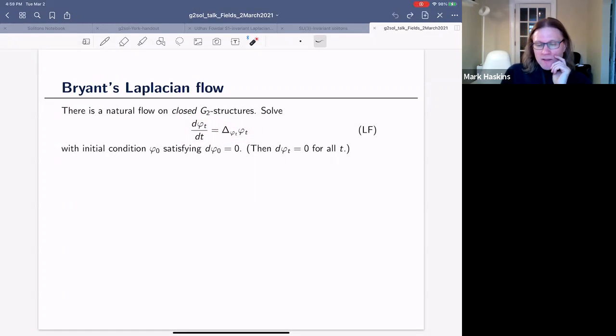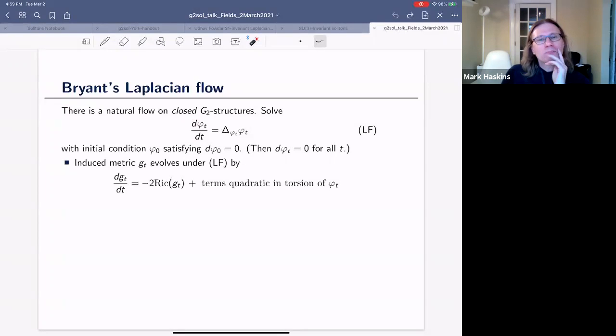So it turns out that this closed condition is satisfied once it's satisfied at time 0, it's satisfied for all t in the lifetime. And as a sign that you're not doing something completely crazy, every phi t gives you an induced G2 metric.